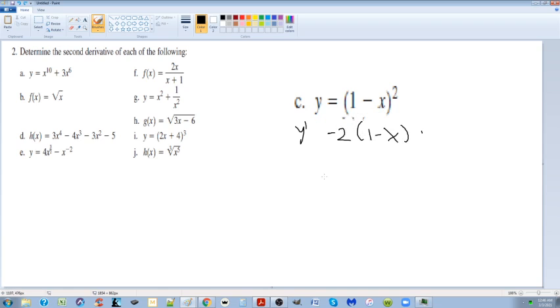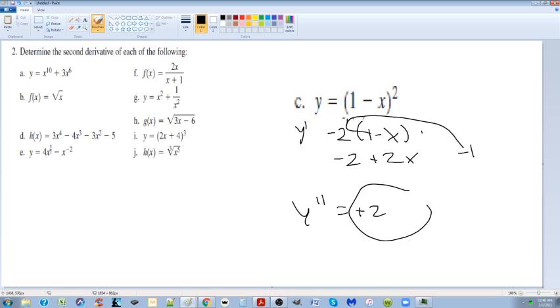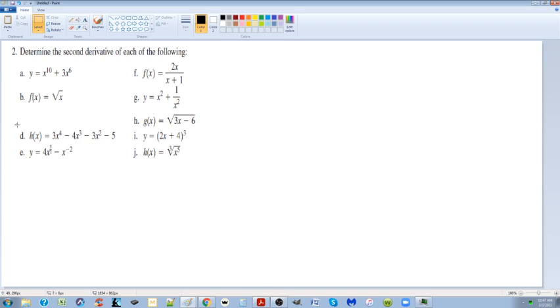And the second derivative is quite nice, because if I want to expand this, I get this, right, because it's now to the 1. So the second derivative is simply this. A lot easier to figure out. And if you wanted to do it internally without expanding it, you just focus on that, minus 1 times the minus 2, and you still get plus 2. That second derivative is quite smooth.